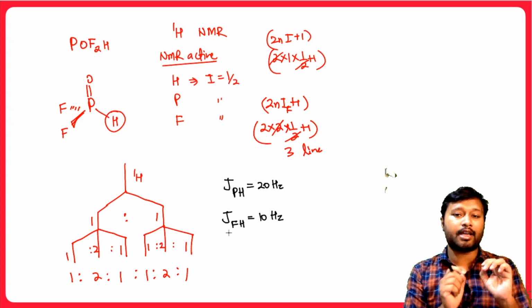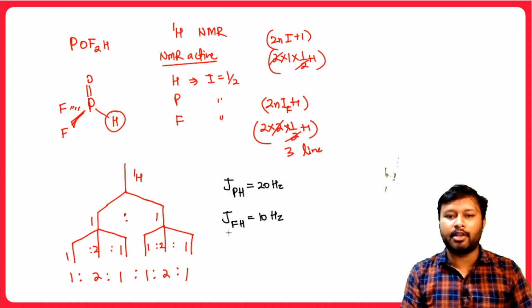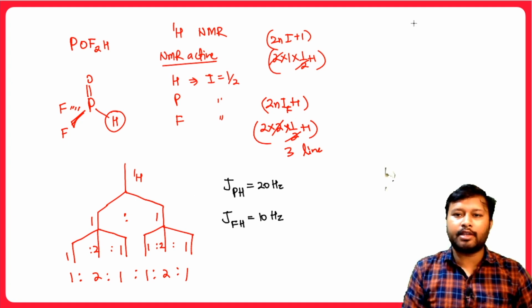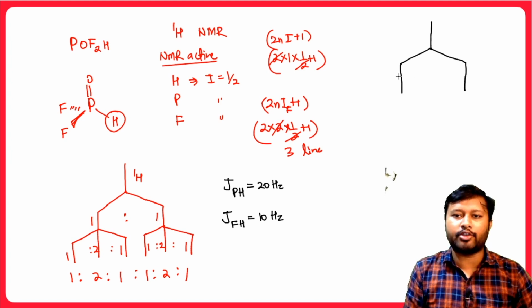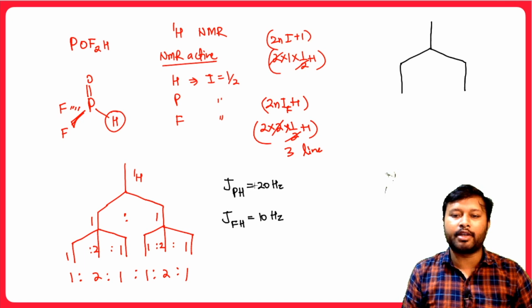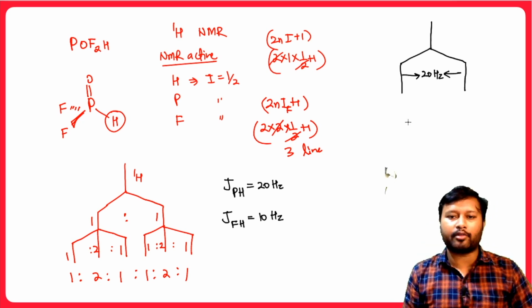Now the things are going to become a little interesting over here. What does that mean? It means that a single peak coming from hydrogen is going to split up into 2 lines, and the intensity ratio will of course be 1:1 only, but since it is 20 Hertz, I can say that the distance between them is going to be 20 Hertz, right? The peaks will be 20 Hertz apart from each other.